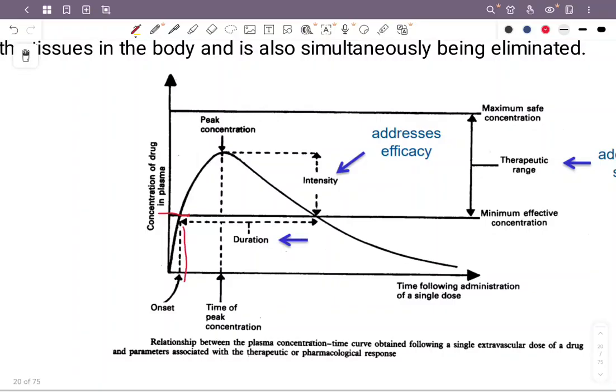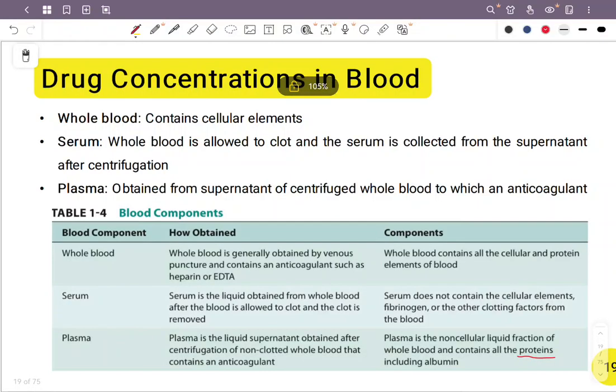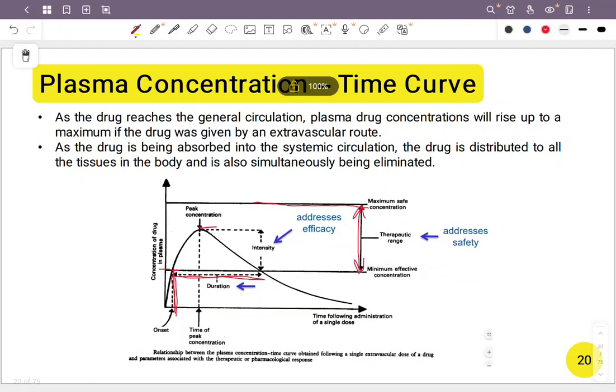Then, kani siya, this is our onset of action. Then, kani, duration of action. Then, kani is our peak concentration. Then, this one is our minimum toxic concentration or MTC. Then, between that is our therapeutic range. So, ayun. Study this one, ha. Screenshot na.